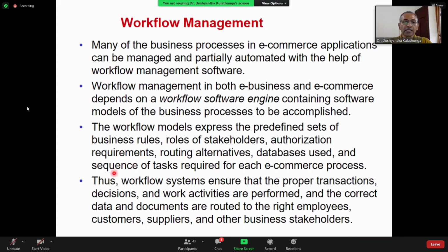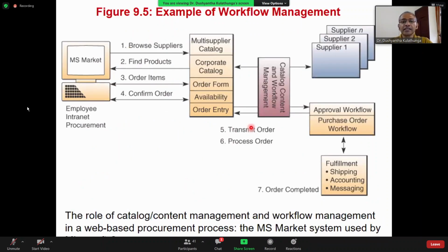Also, usually there is a sequence of tasks which we can identify, which we perform one after the other. So when we use the term workflow, those features are important. Here they have identified 7 tasks.